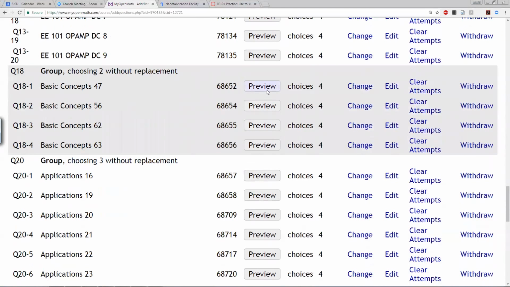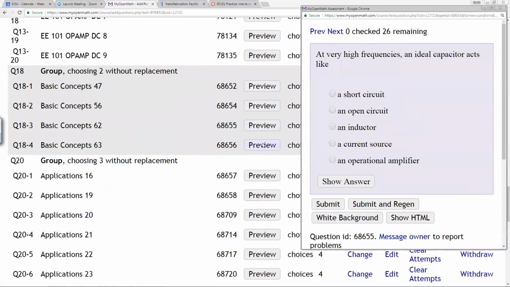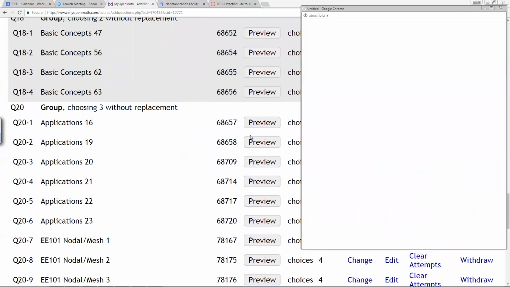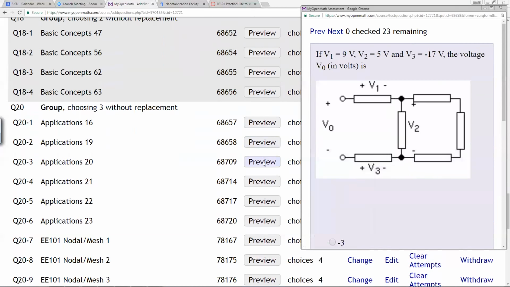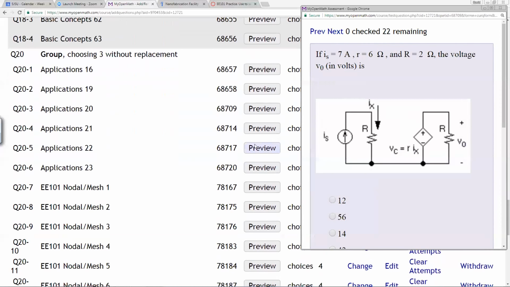Then there's 2 from basic concepts. Again, it's just 4 questions from there. Then I have another applications section, which is kind of like a node, just starting nodal analysis. That would be a mesh. Then we're starting in on some circuit analysis.